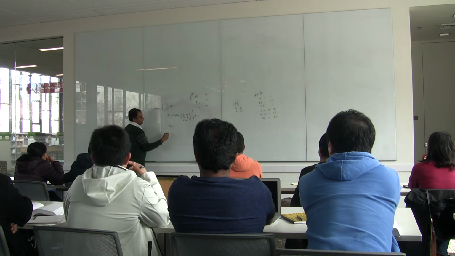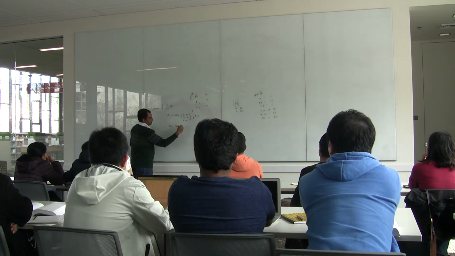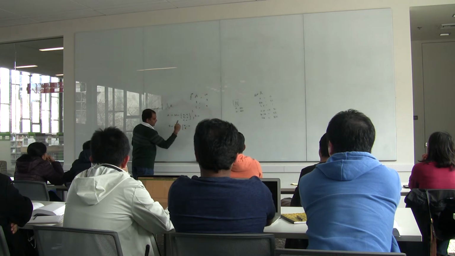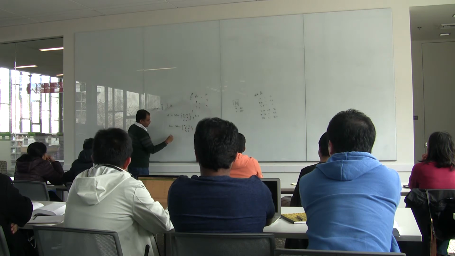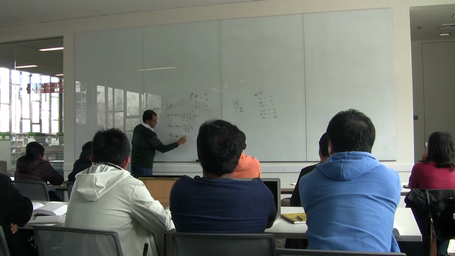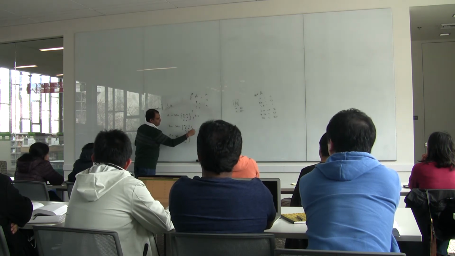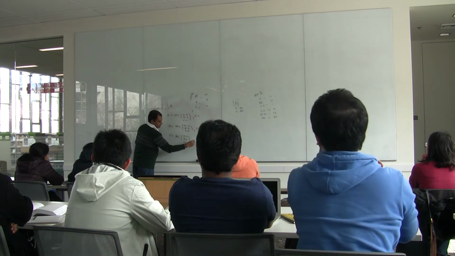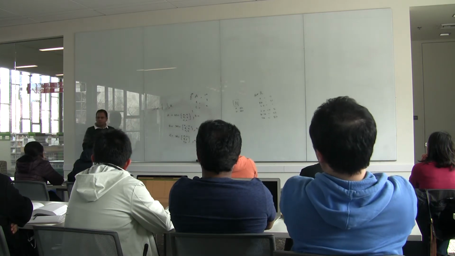Or you pick a B and then you solve for the rest, or you solve for C. You could do that. But what's the problem with this?